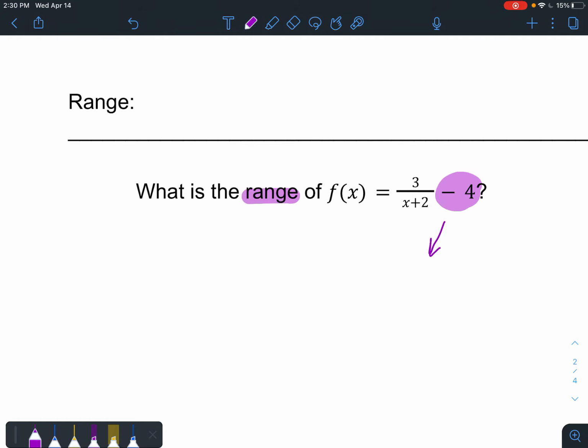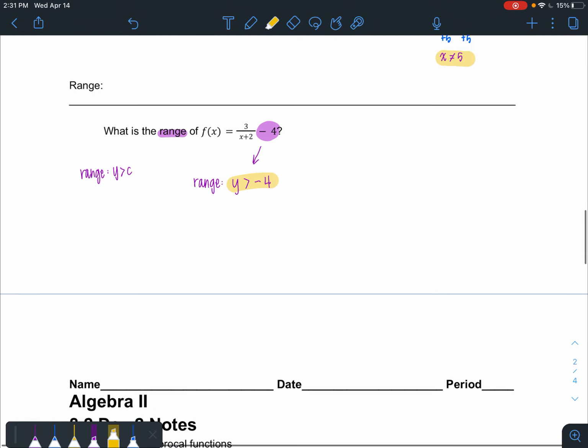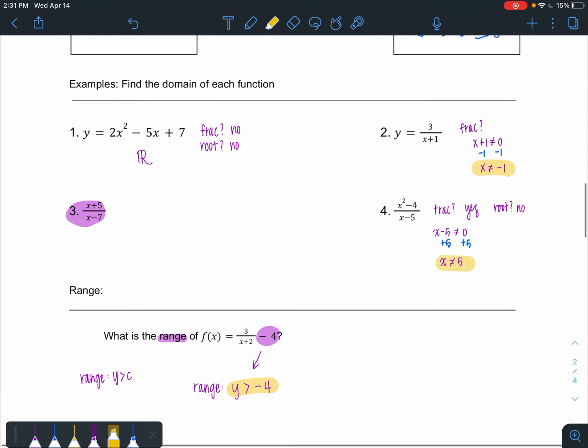So picking out that value, that means that the range is going to be y, because we're dealing with y with range. Y is greater than -4. Okay, so it's always going to be for the range, y is greater than your c value. So in this case, it's y is greater than -4. We'll talk about that more in a minute.